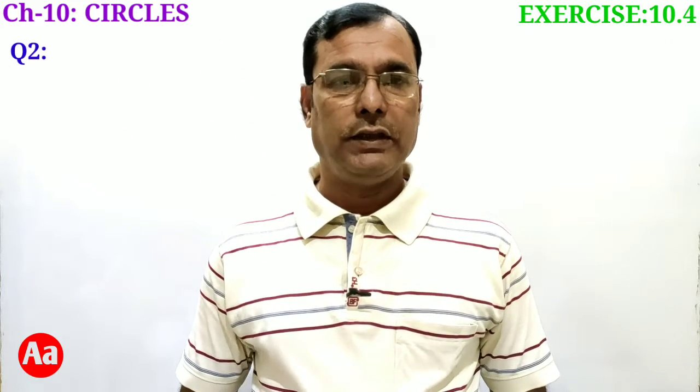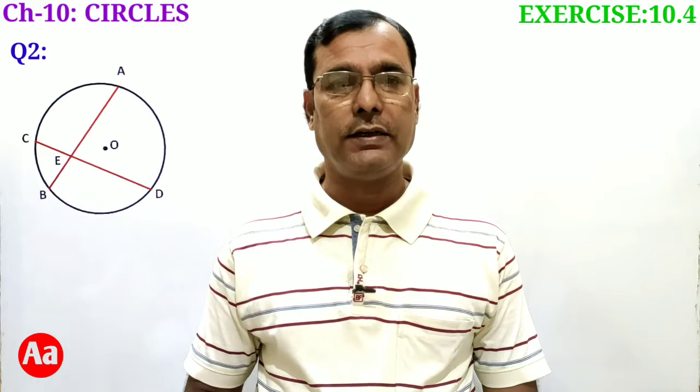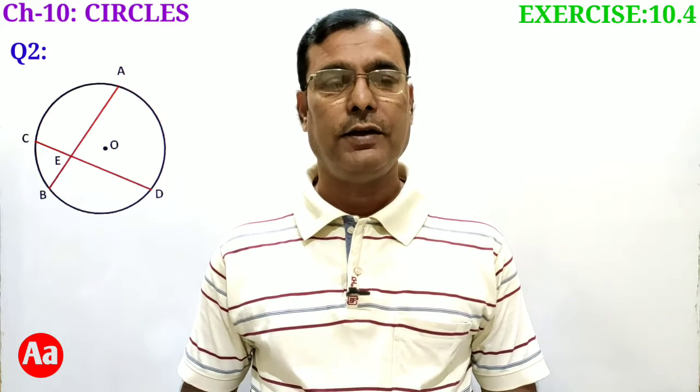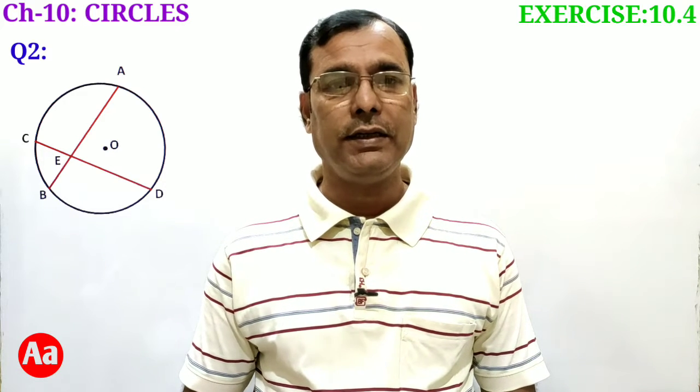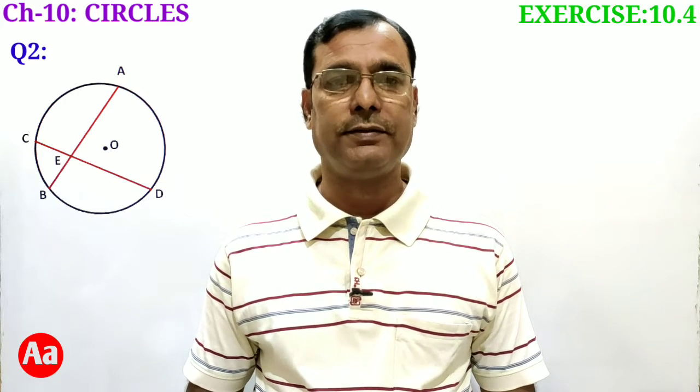Question number 2. If two equal chords of a circle intersect within the circle, prove that the segments of one chord are correspondingly equal to the segments of the other chord.